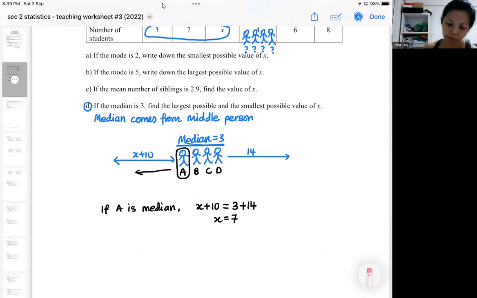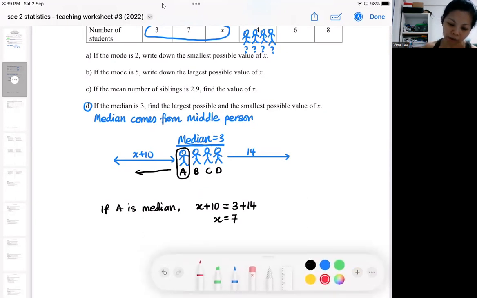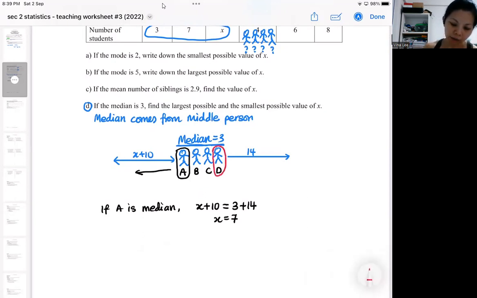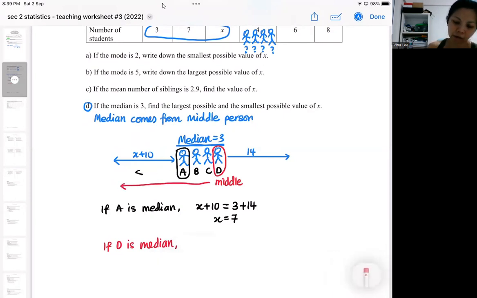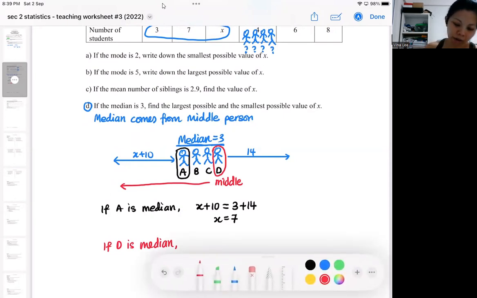Another situation, I'm going to consider the last guy as the median. If D is the middle guy, the number of people on his left side, how many people on the left side?